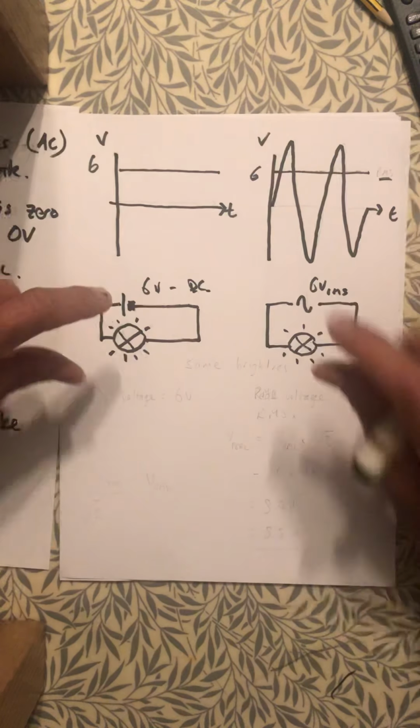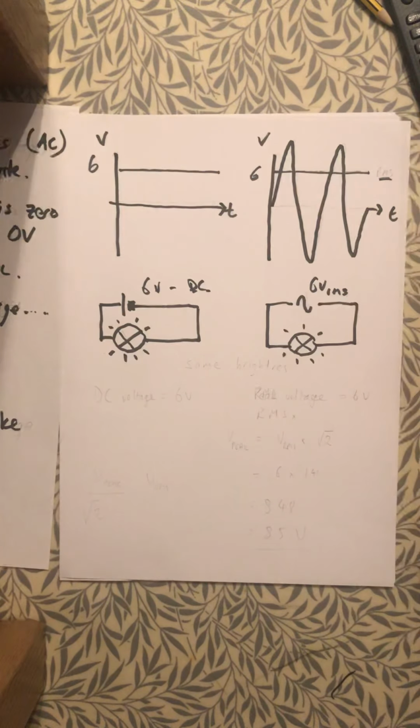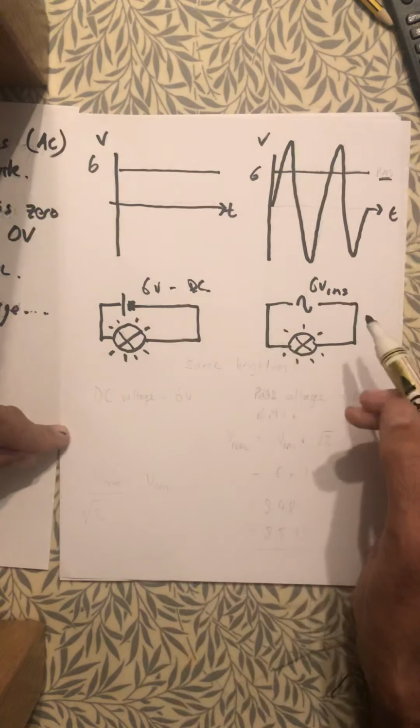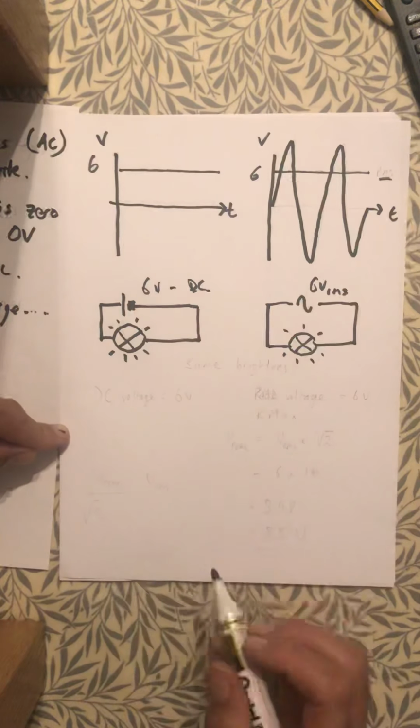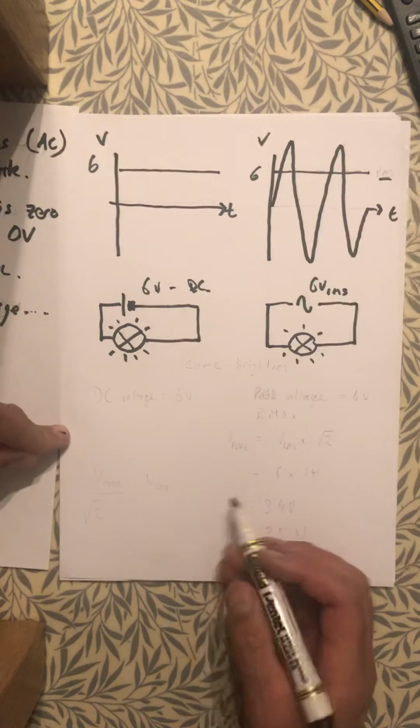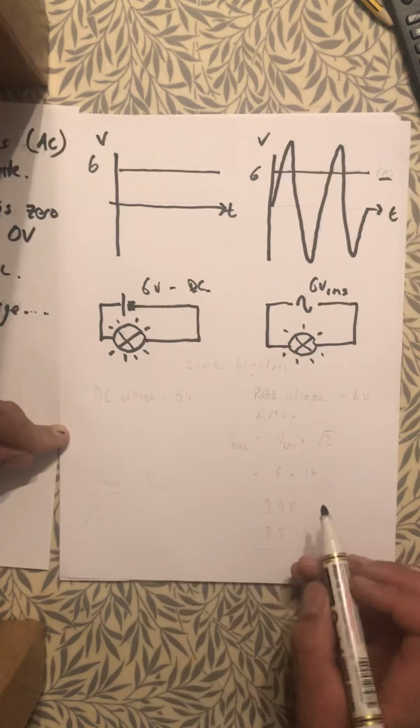These lamps would be of equal brightness because the RMS voltage is equivalent to the direct current voltage, and it allows us to make alternating current circuits that do exactly the same job as a direct current circuit. And we can chop and change between the two.